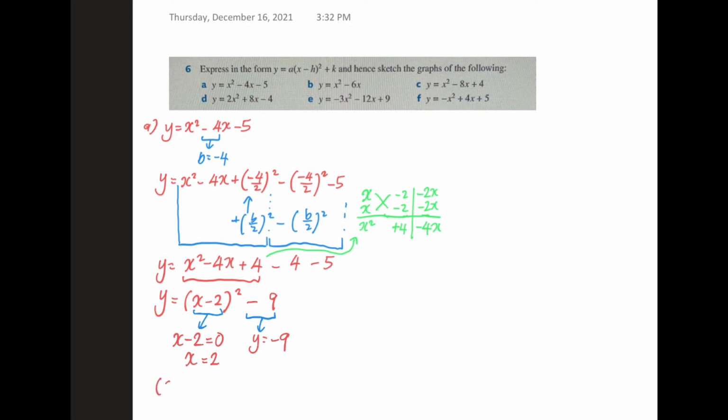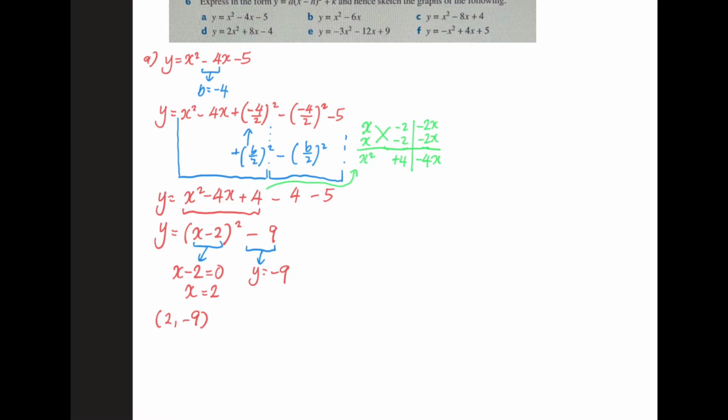So (2, minus 9), I put them in brackets. This is a minimum point because we can see our a. You see nothing here, that means your a is 1, which is greater than 0, and hence the (2, minus 9) just now is a minimum point. So we get the stationary point now.